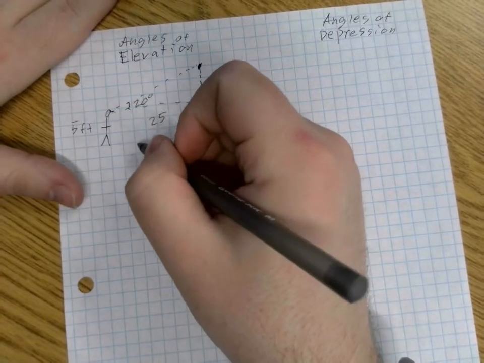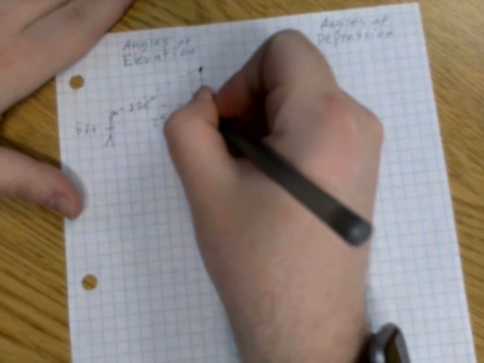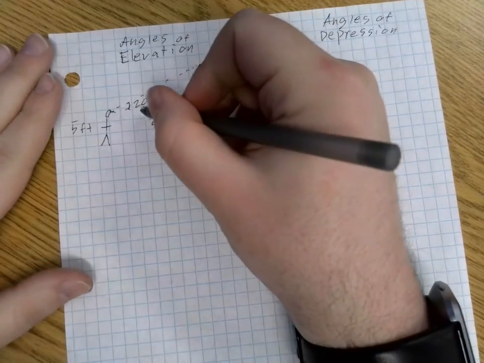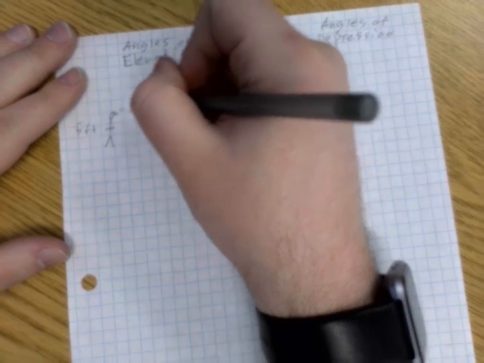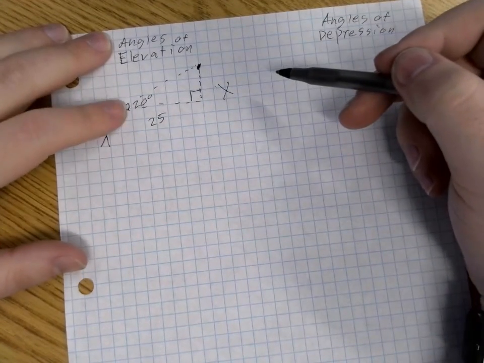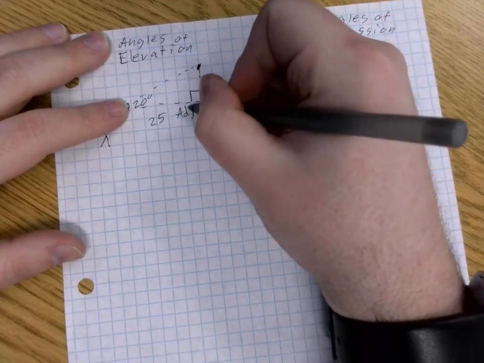To do this, we have a right triangle, because we assume that the tree makes a right angle with the ground. You kind of have to assume that. And we know our angle down here is 20 degrees. So this 20 degrees would be our reference angle, which means that 25 would be the adjacent.